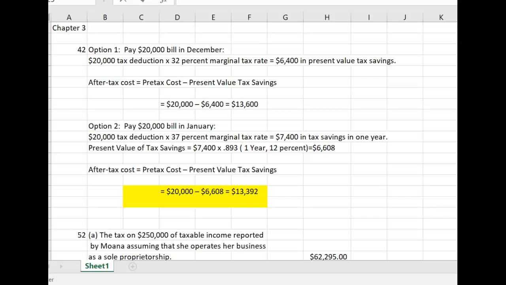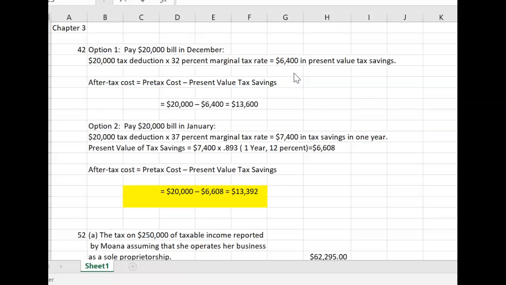It would be the actual deduction, which is $20,000, times the 32% marginal tax rate, which is $6,400. So if she pays the bill in December, she would save $6,400 on her December tax return at the 32% rate.